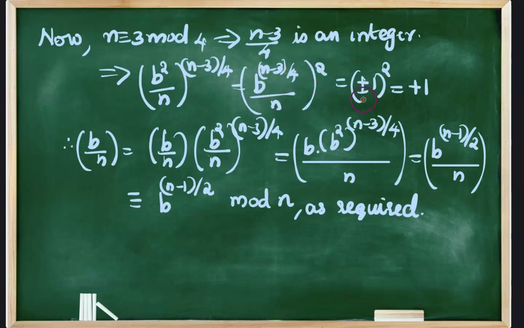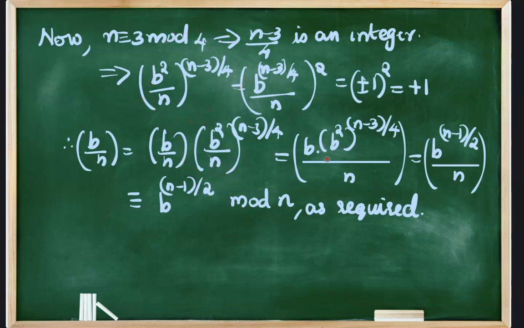The Jacobi symbol will be either plus or minus 1 and its square will be equal to plus 1. So we can express the Jacobi symbol (b/n) as (b/n) into this quantity, since it is equal to plus 1.